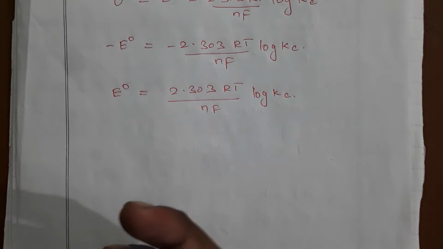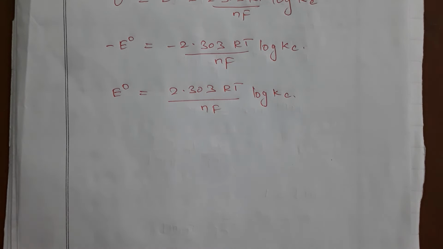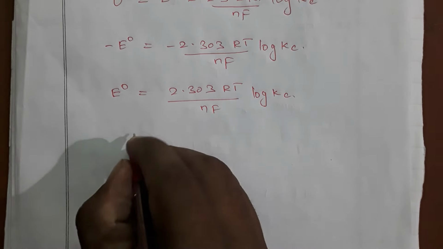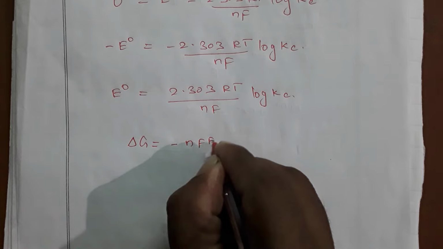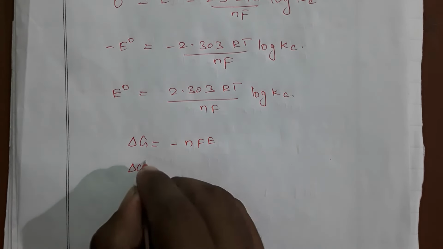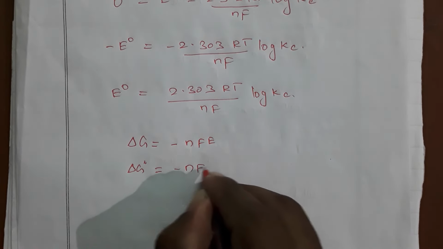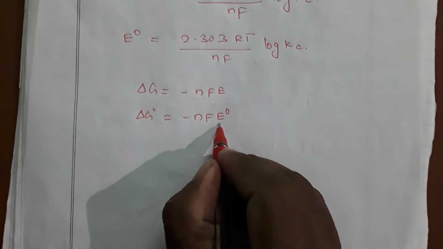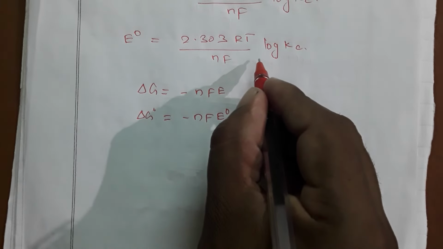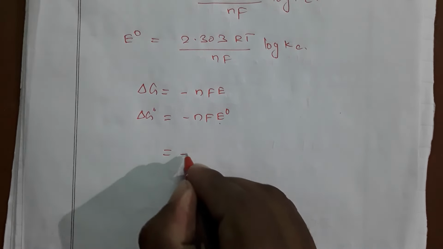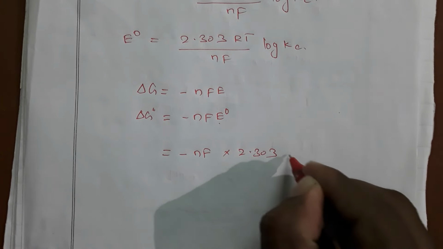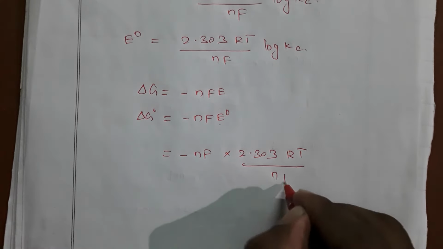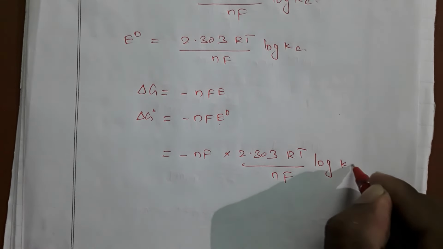You know that by using electrical energy we are doing work. For that work, del G is equal to minus nFE. Del G naught is the standard one, for which you take the standard electrode potential. In the previous equation we derived E naught, so substitute it: minus nF times E naught value, which is 2.303 RT by nF log of Kc.